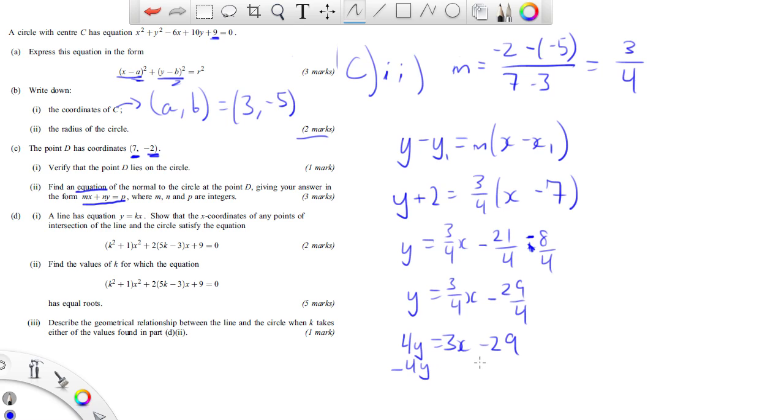That way the coefficient for x, this 3, is positive, and the constant is also positive. So what we'd have there is 3x minus 4y is equal to 29. So that's the answer for part C, number 2. M, n, and p are all integers. They are not fractions, as would have been the case with this.